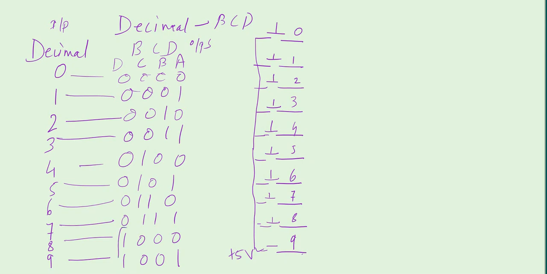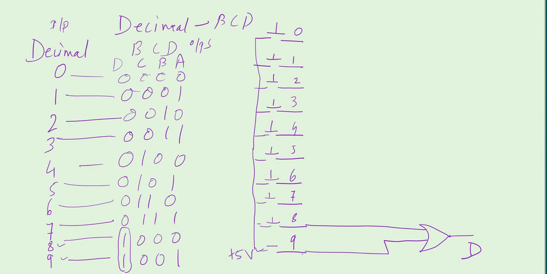So the simplest solution is to use an OR gate, because if 8 is high or if 9 is high, in both cases D will be high. All other inputs 0 to 7 are not necessary to connect to this OR gate because they don't affect the output D. So D is this way.